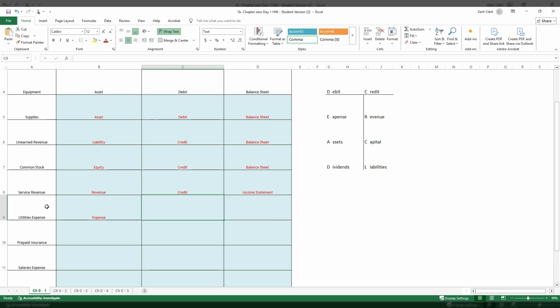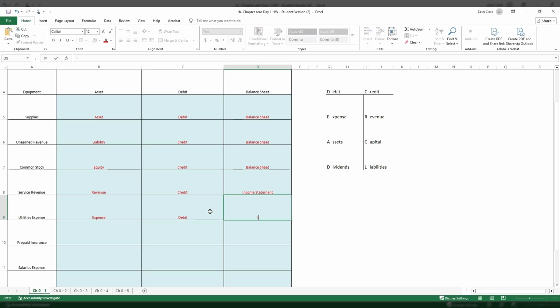We don't have any future benefit with these utilities. Usually you're paying those at the end of the month when the utility company tells you how much you used, right? It's not like you're paying for utilities to be paid in the future or something like that. So just an expense under the D for our debit side. So it's got a debit normal balance or a debit increase, and we'll throw that there.